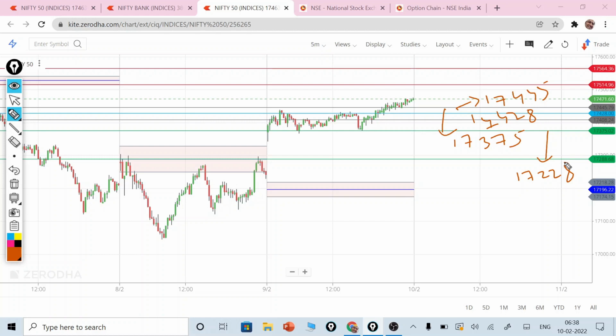So how should you position? If it opens higher at around 17,550, buy for a target of 17,600.